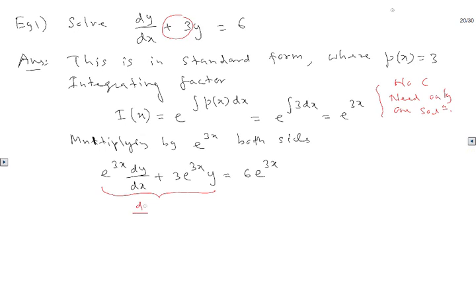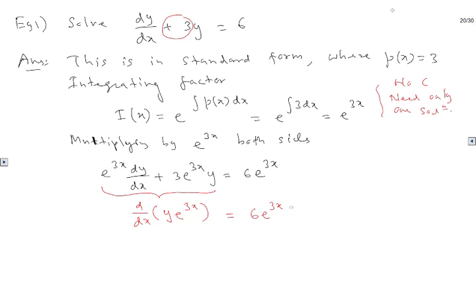Okay, so the derivative of the product y times e to the 3x, just by the product rule. So this equals 6 e to the 3x, because that's the derivative. So this simply becomes the derivative of the product.